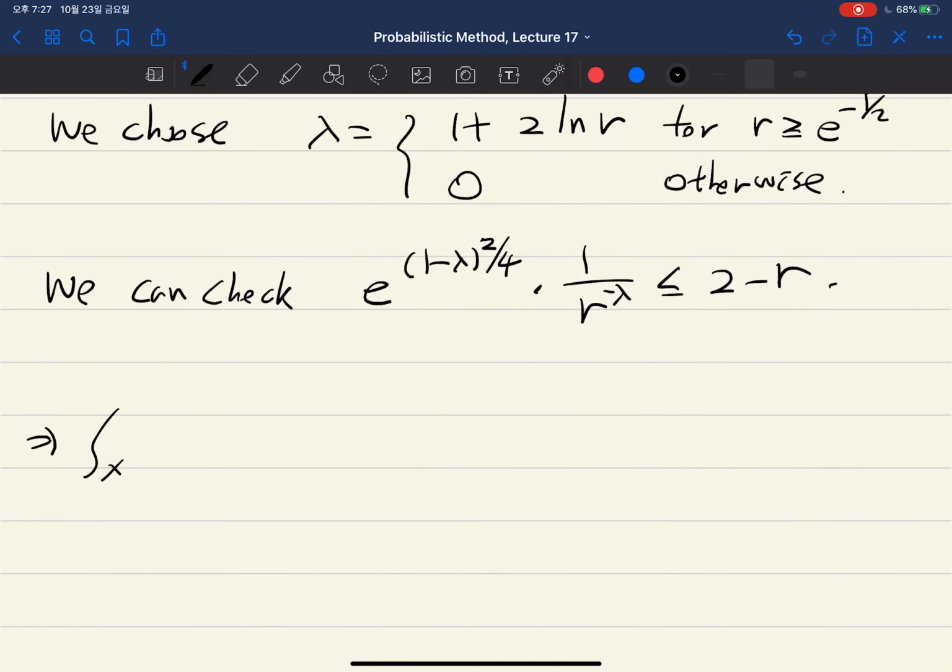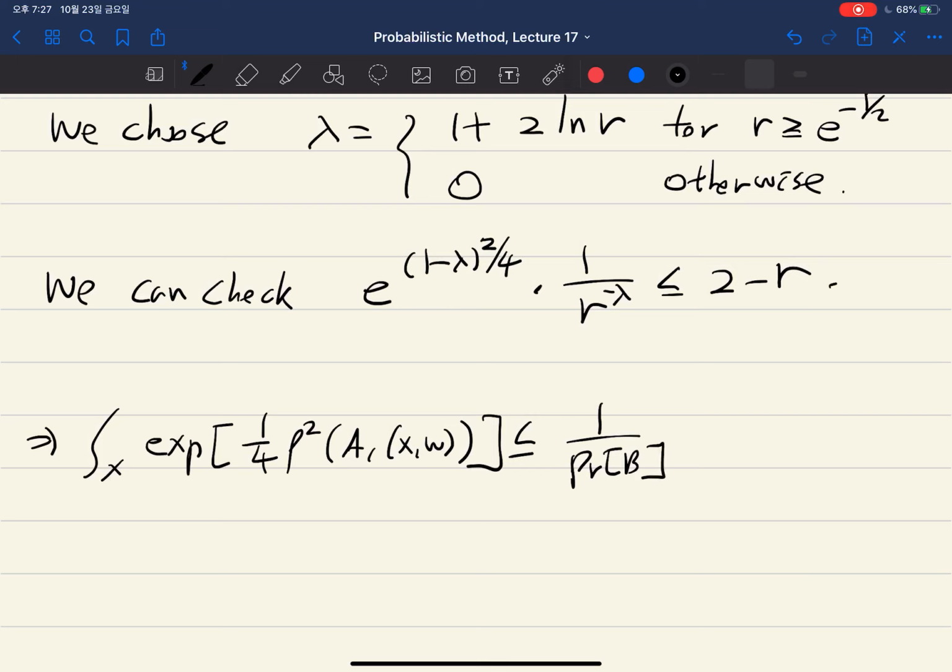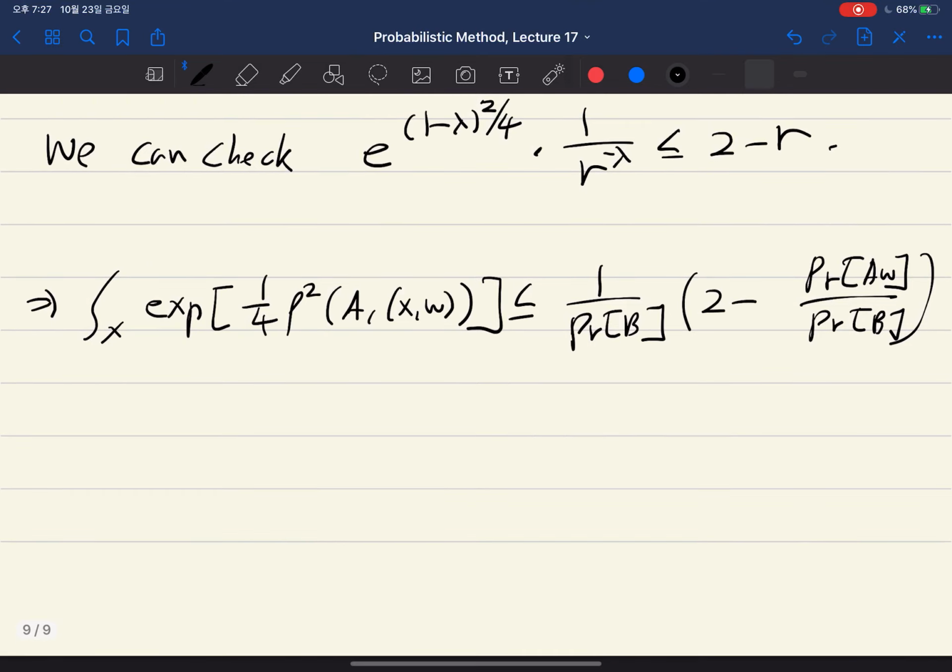Then what we have is that this integral is at most 1 over probability of B times 2 minus r, where r is the ratio between the measure of A sub w and the measure of B. Now what we do is we integrate over w.